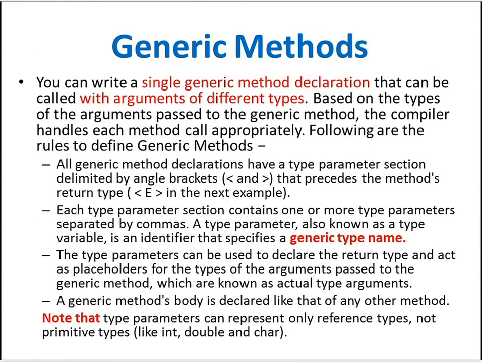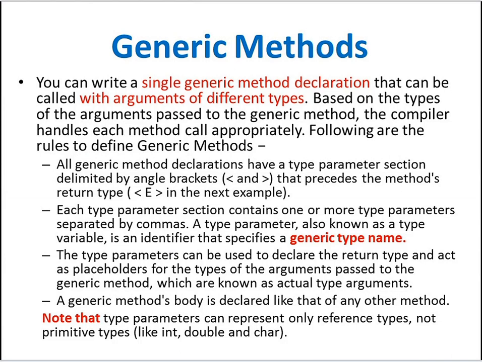In generic programming, you can write generic code in two ways. One is a generic method and the other is a generic class. Here, a generic method is the same as a template function in C++. You can write a single generic method declaration that can be called with arguments of different types.